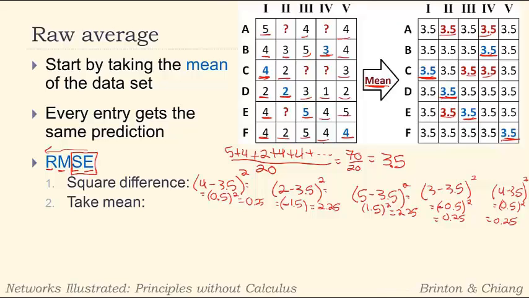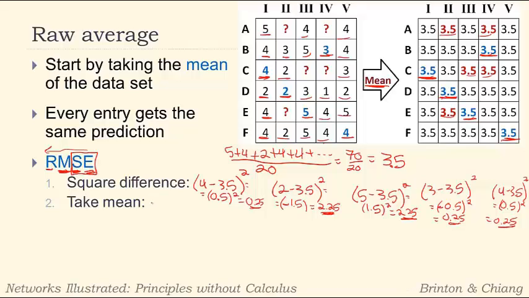Now we have to take the mean. So we did the squared error, now we're finding the mean. We have 0.25, 2.25, 2.25, 0.25, and 0.25. We have to add them up and divide by the total number. There are 5 of them.